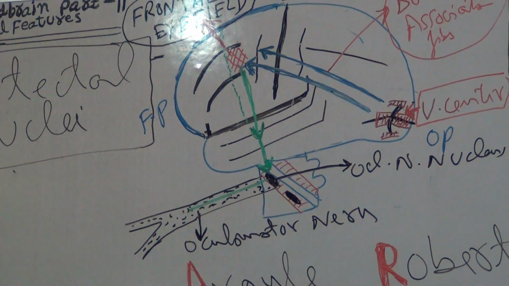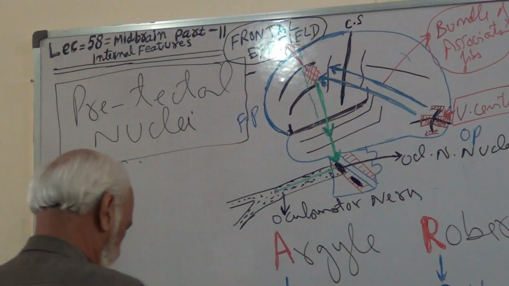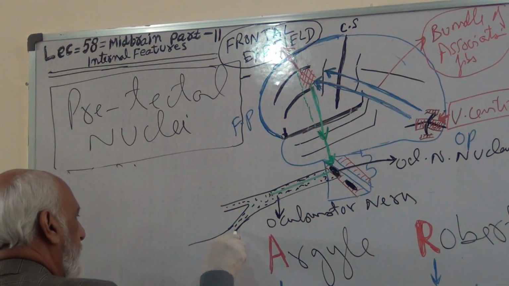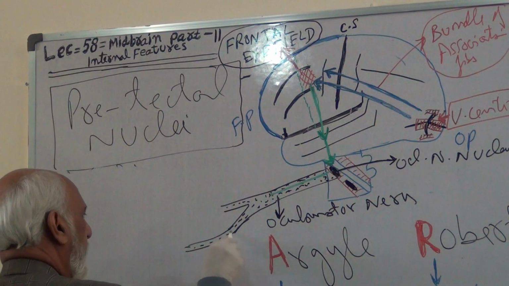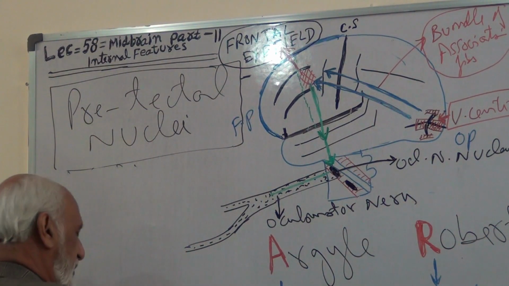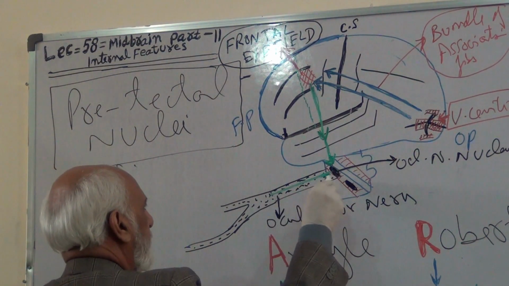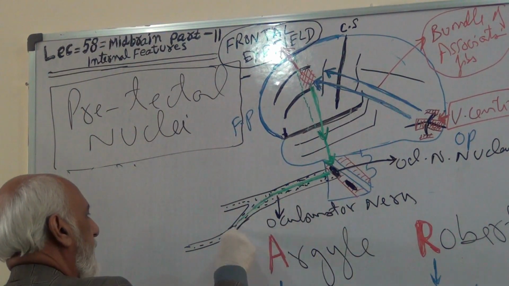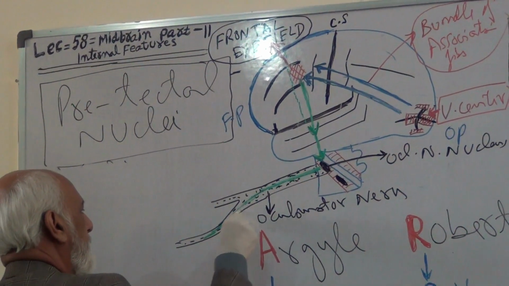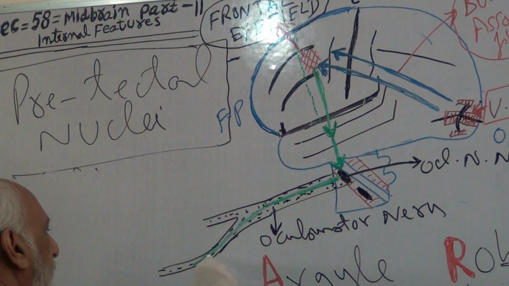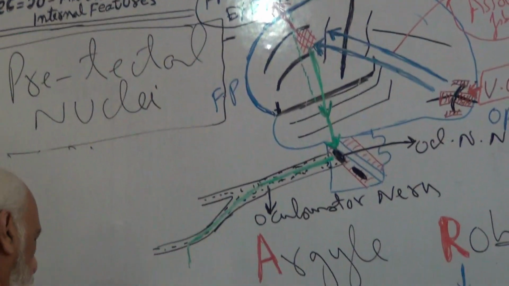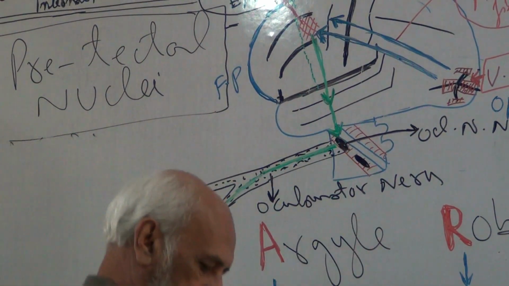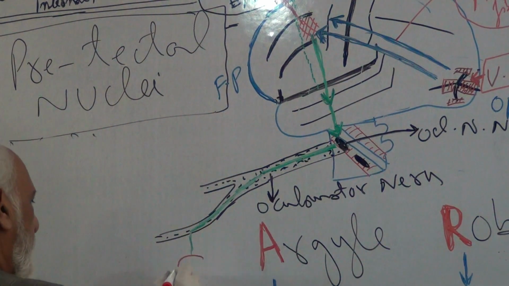These then enter the orbit through the superior orbital fissure. This is the inferior root of the oculomotor nerve. Now the parasympathetic preganglionic fibers arising from the Edinger-Westphal nucleus follow the oculomotor nerve, then its lower root, and then leave the lower root to relay in a ganglion in the orbit known as the ciliary ganglion.